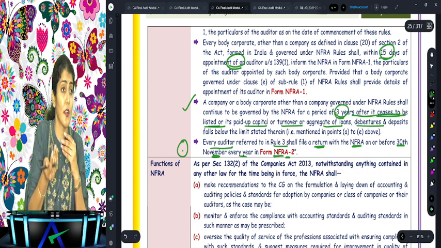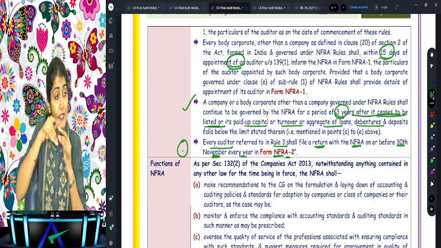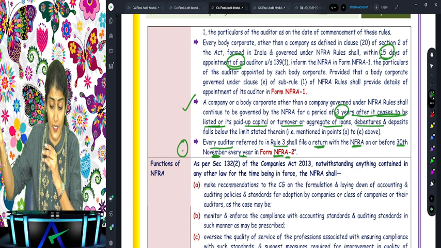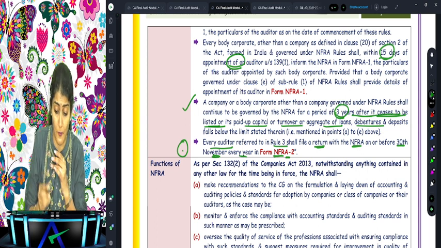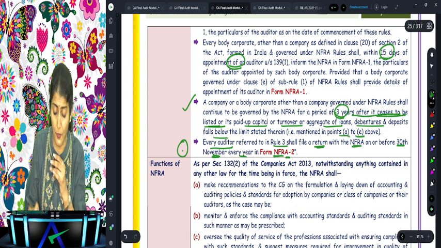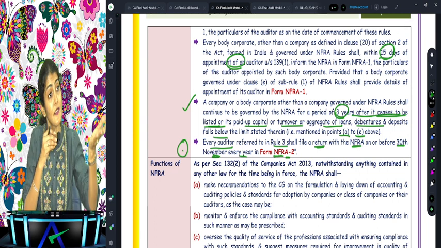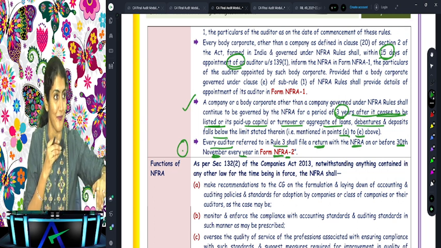So you got yourself delisted, still NFRA for 3 years. Or if paid up capital, turnover or LDD, loan debenture deposit, falls below the limit mentioned in point A to E above, once applicable, it continues for 3 years even after it is not applicable.